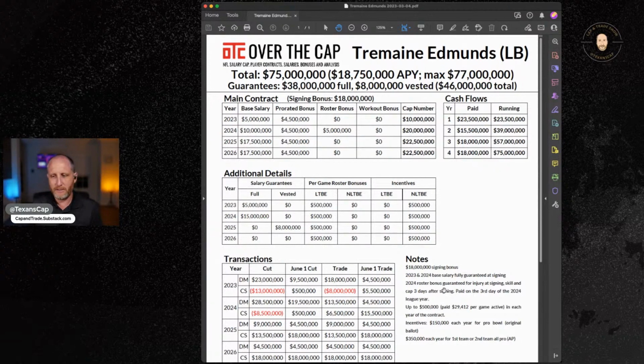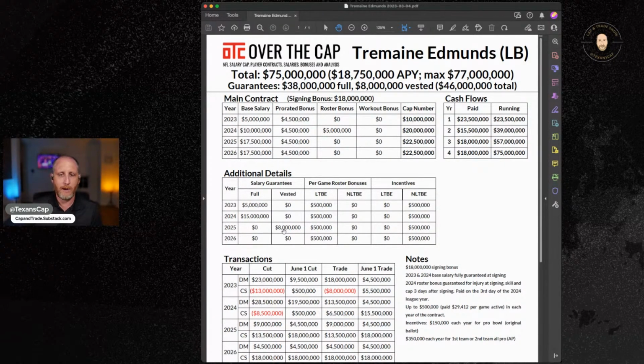But one note that I did forget to put in here, gosh darn it, was this 2025 vesting number. What I was going to do was this $8 million is guaranteed at signing for injury only. And then on the third day of the league year of 2024, same day as that roster bonus is paid out, that $8 million would shift over to a full guarantee. That's a year early vesting schedule. That's very aggressive.